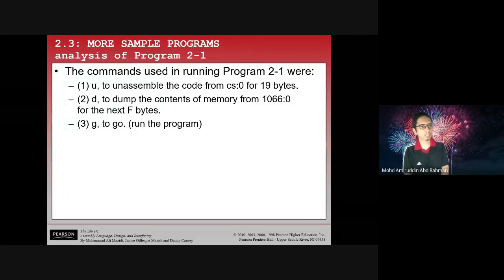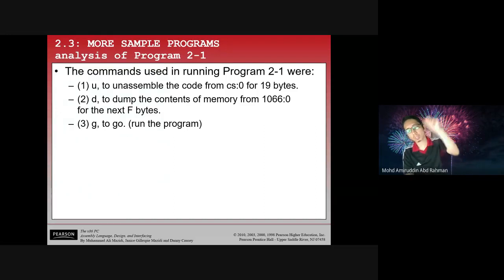A and G, go to the program or run the program. We can start the program by typing debug and then the name of program, proc2-1.exe. And then we can type U, to unassemble the code from the code segment of 0 for 19 bytes.